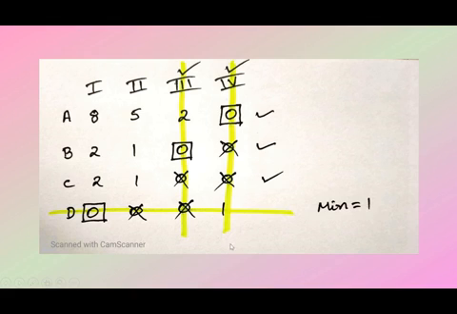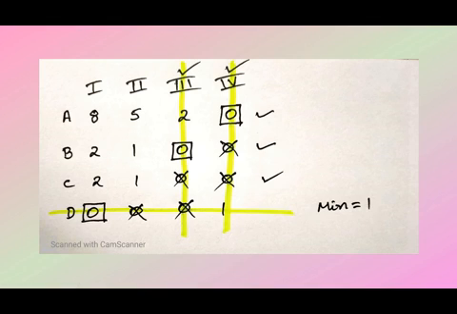Now I have drawn the lines. After drawing the lines, what am I supposed to do? Check whether all the zeros are under the line. All zeros are under the line. Yes, all zeros are covered.